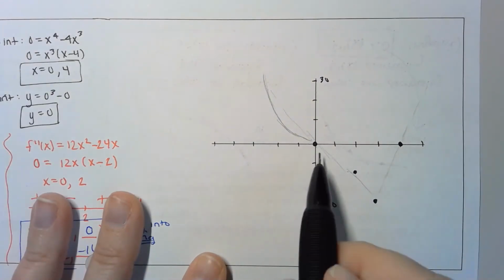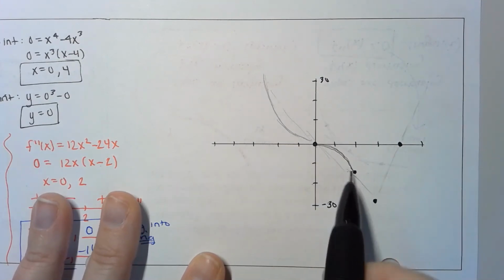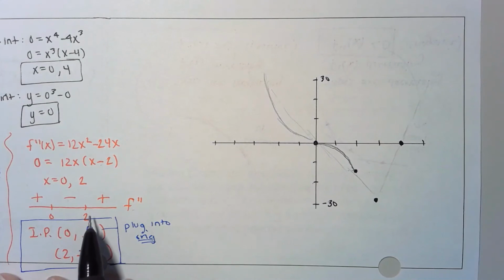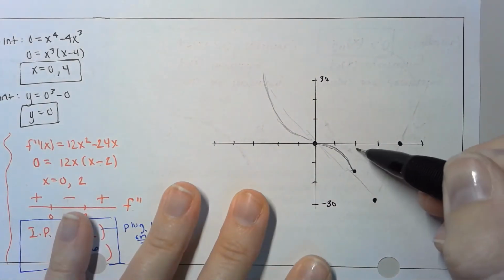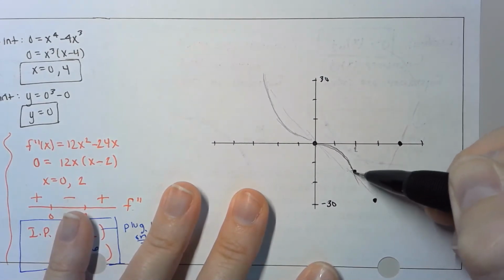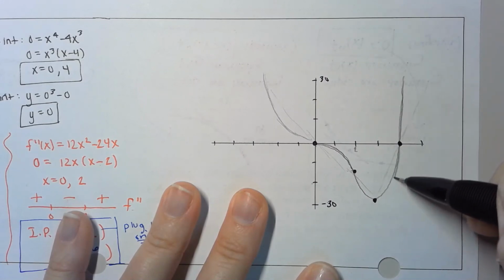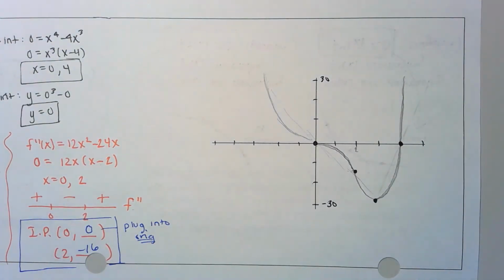I'm still decreasing, but now I want to frown. After 2, we're concave up again. So after 2, I want to smile. I need to smile and decrease, and then I need to smile and increase. Now we're going to go in and smooth this out in just a second.